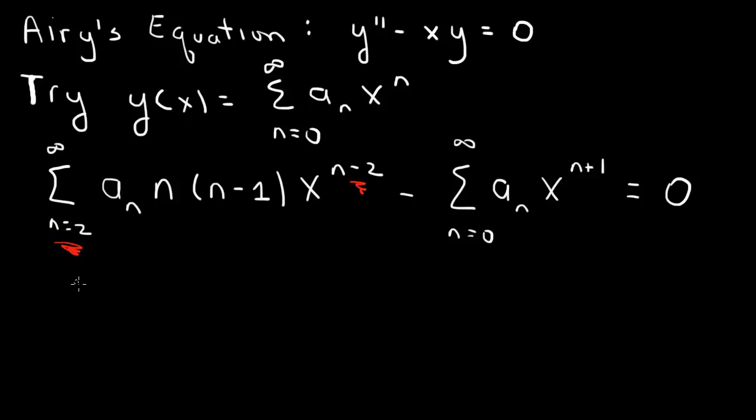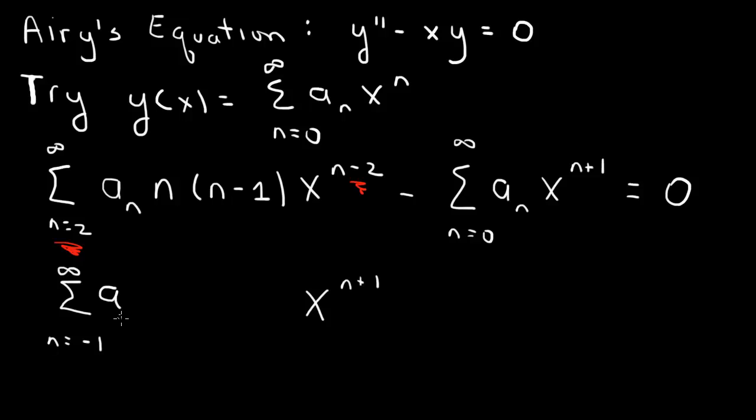So to do that, we have to increase this one by 3 so that this piece here will be x to the n plus 1. So when n equals 2 here, this is 0. So we want this to be 0 at the lower one here. So this would start from n equals minus 1 and still go to infinity. And then to match these ones, this must be a sub n plus 3, and then this should be a sub 2.